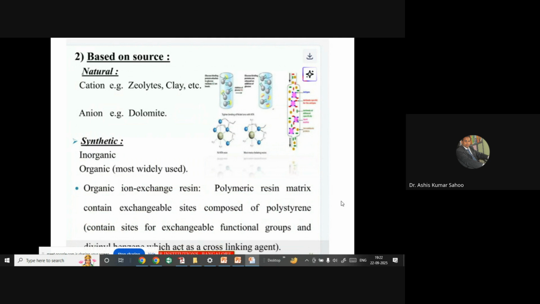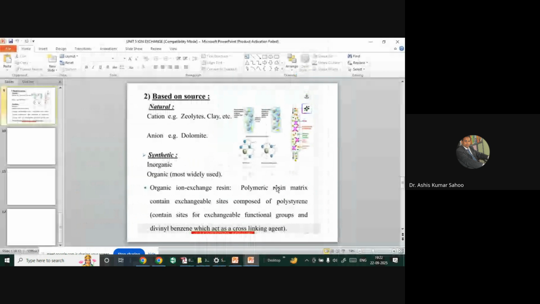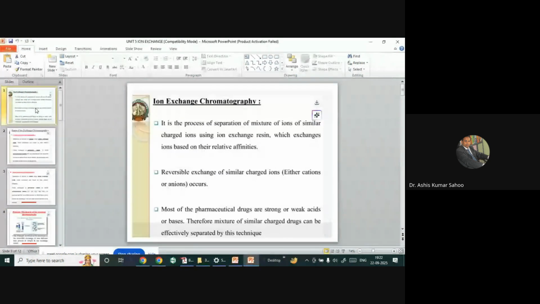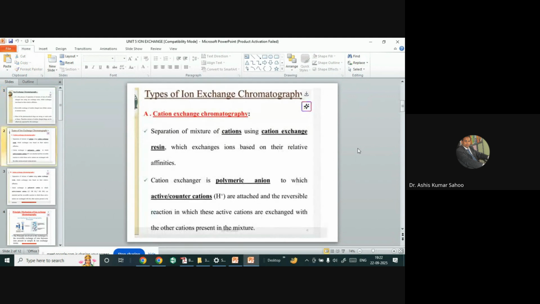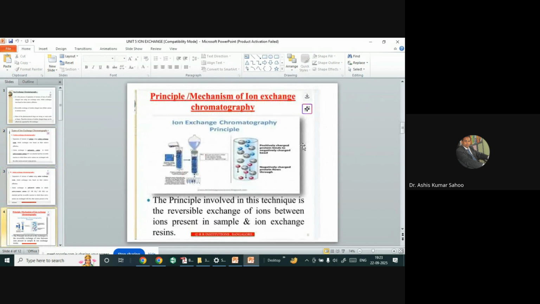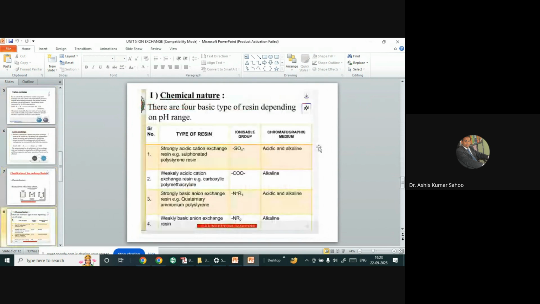These are ion exchangers: organic ion exchange resins of polymeric type, polystyrene, etc. So in the ion exchange method we can use cation exchange chromatography or anion exchange chromatography, and we can separate ions from each other.